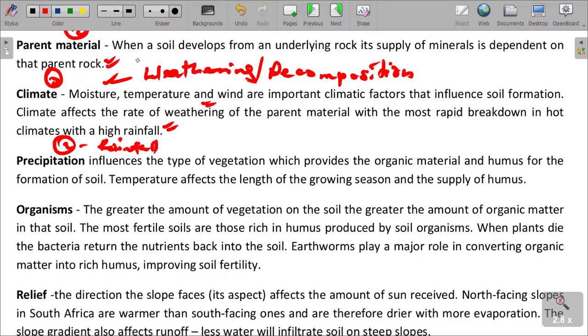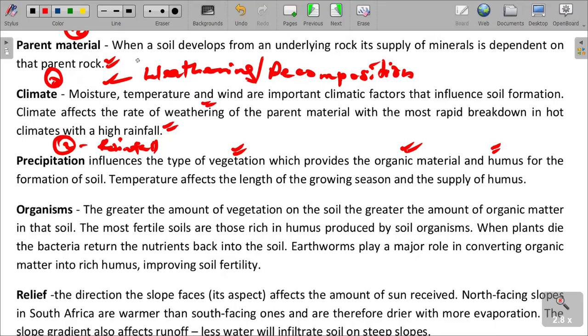Precipitation influences the type of vegetation, which provides the organic material we talked about, and also humus accumulation for the formation of soil. Precipitation even defines the organisms that are there. The availability of microorganisms depends on moisture content.